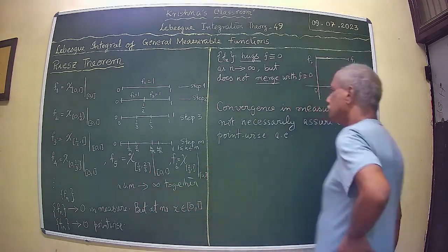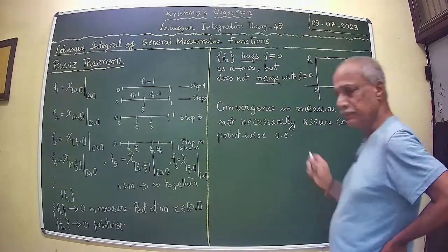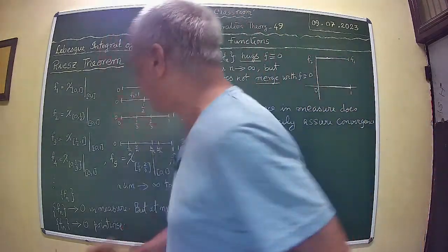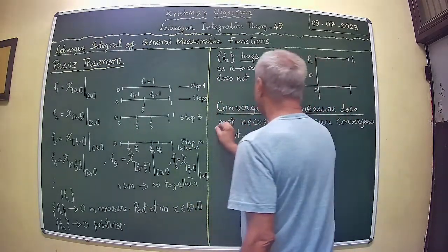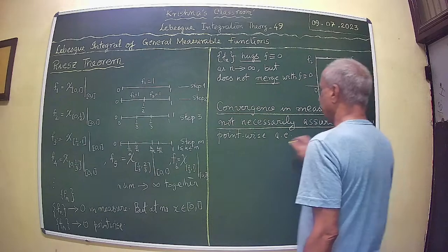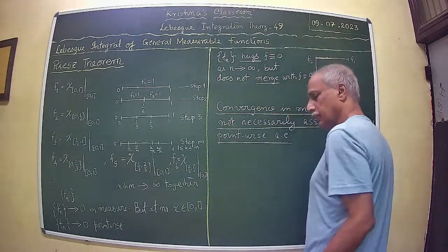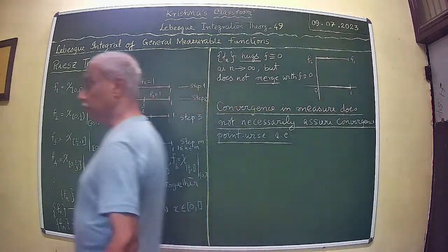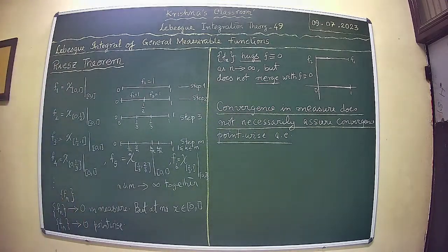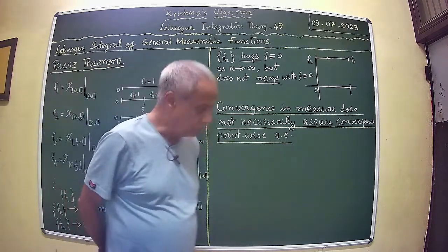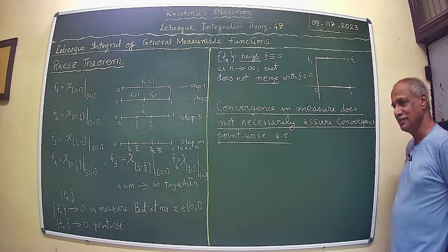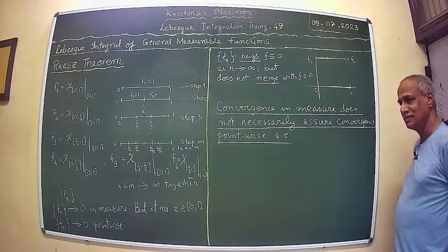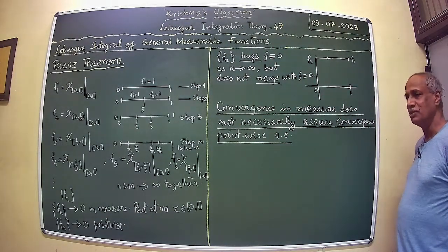Okay. Now this is the conclusion that we make. So in our string of convergence that we have looked at, you have uniform convergence, it implies convergence pointwise. Convergence pointwise implies convergence pointwise almost everywhere.